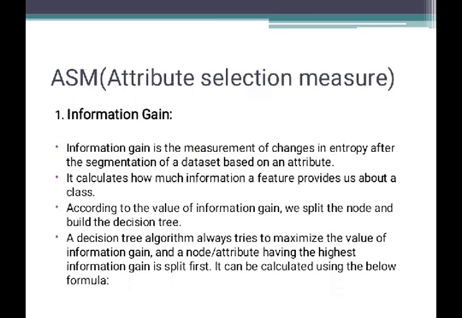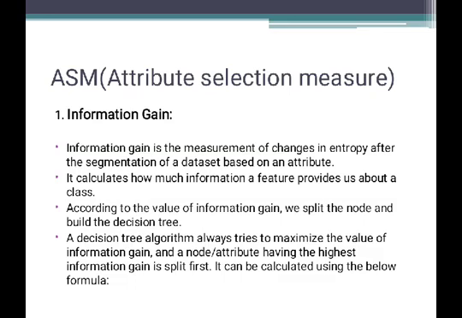Information gain. Information gain is a measurement of changes in entropy after the segmentation of a data set on an attribute. It calculates how much information a feature provides us about a class. According to the value of the information gain, we split the nodes and build a decision tree.